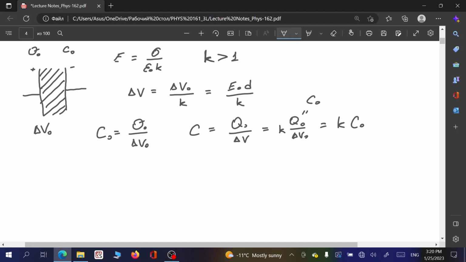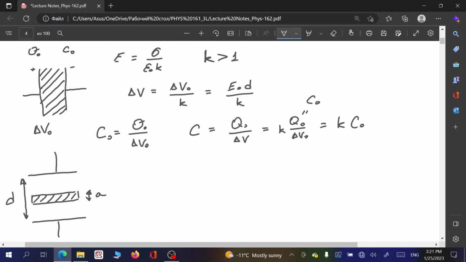So let's say we have a parallel plate capacitor, and here is vacuum inside. We place some dielectric plate here. The thickness of this dielectric plate is a, and the total distance between plates is d.